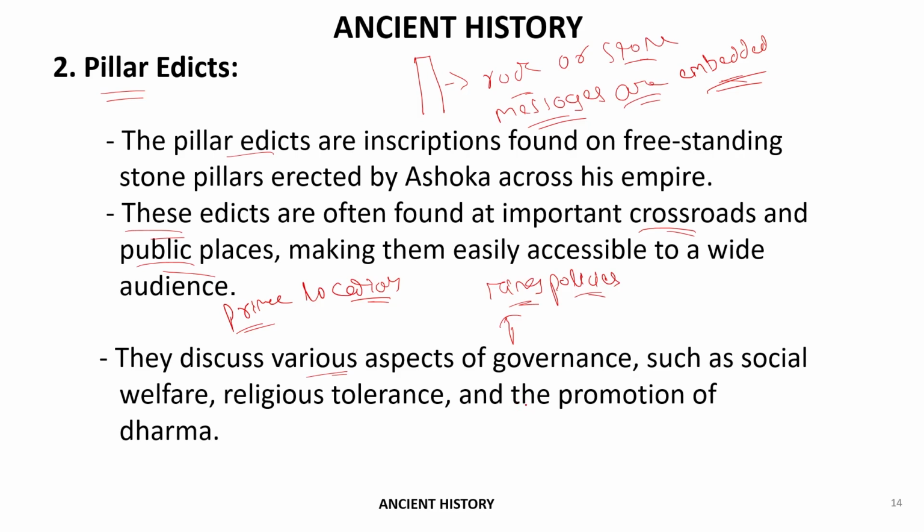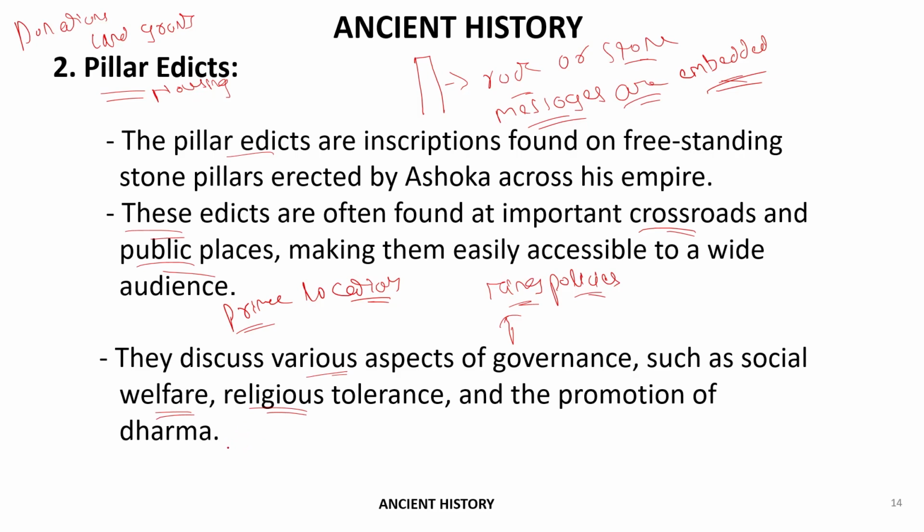Then also about social welfare: various donations, land grants, housing, and other welfare programs which were funded by the state government, or you can say the ruler directly. These were mentioned at the pillars.